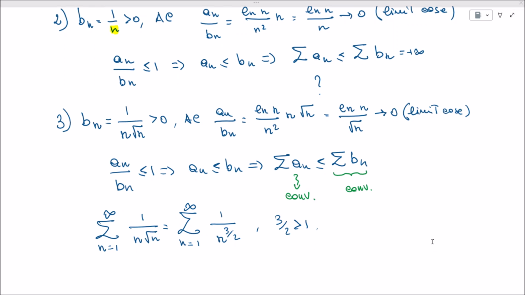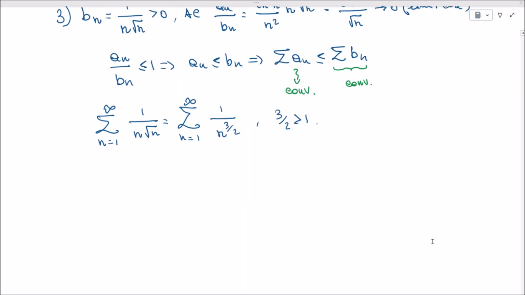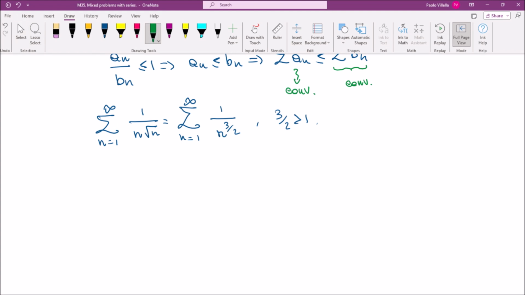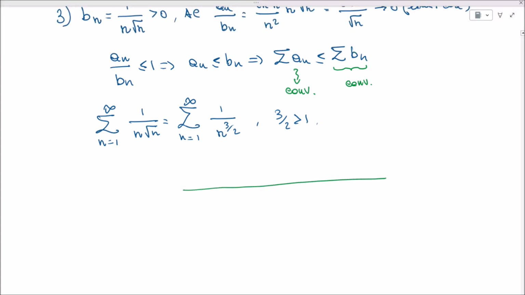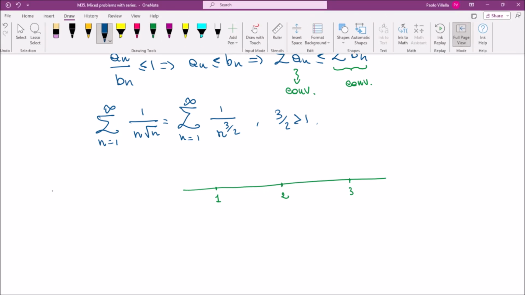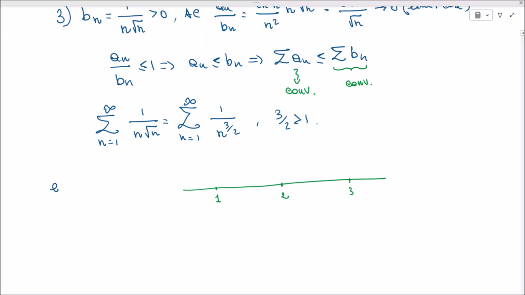Now let's try to understand more in detail why this comparison with 1 over n square root of n works. Okay, so if we have the real line, and let's say that we have 1 here, we have 2 here, and we have 3, right? And of course, we are considering the series with the sequence logarithm of n divided by n squared.